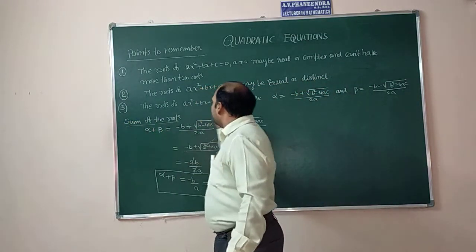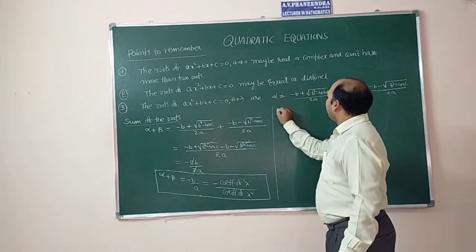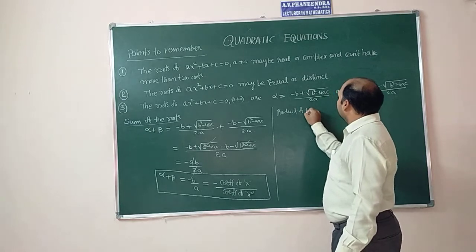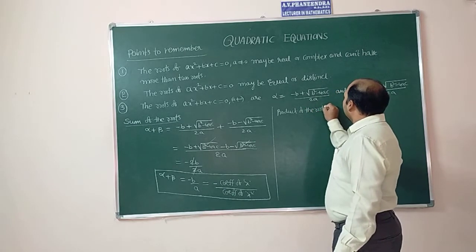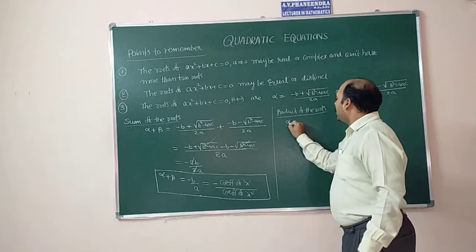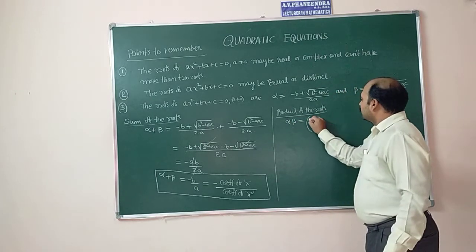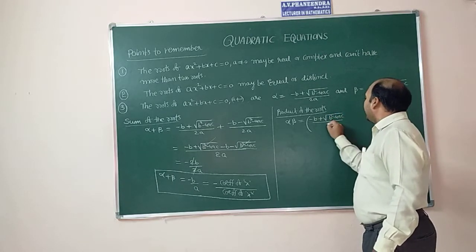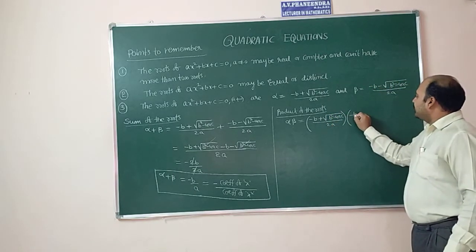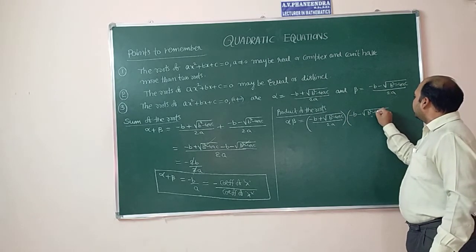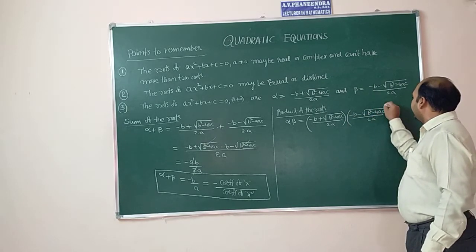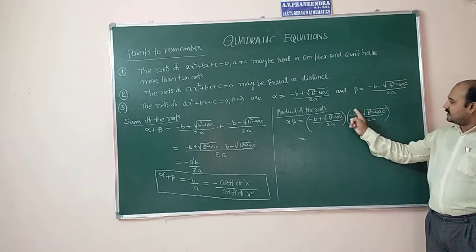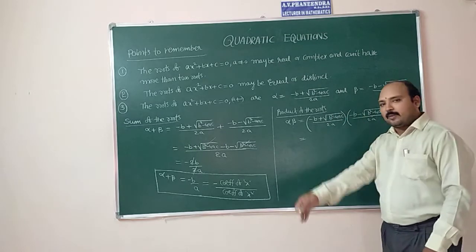This is the sum of the roots. Product of the roots: alpha into beta. So minus b plus square root of b square minus 4ac divided by 2a, into minus b minus square root of b square minus 4ac divided by 2a, which is equal to, in the numerator you observe that this is a plus b, this is a minus b, a plus b into a minus b is a square minus b square.